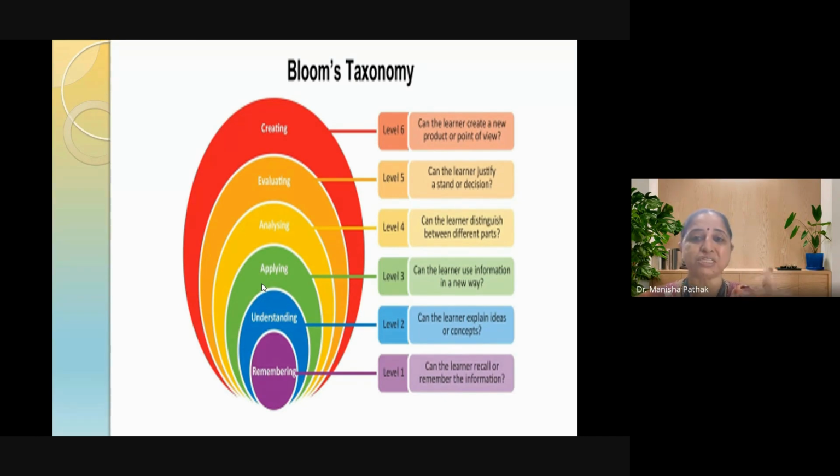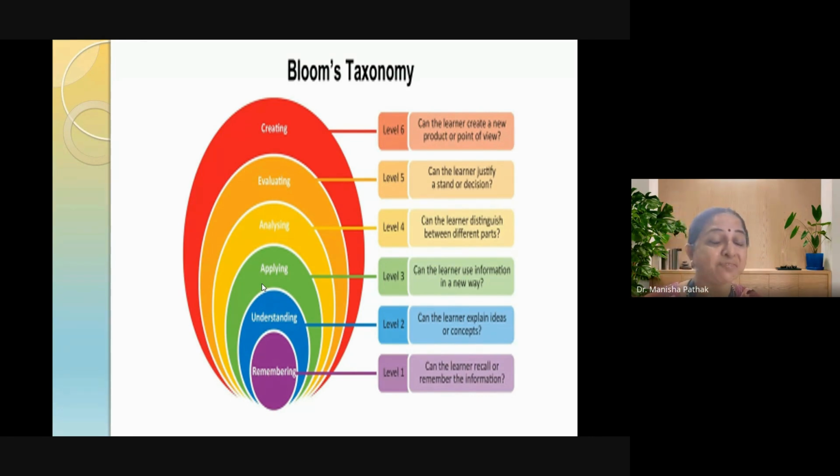If we look at these different terminologies, I am sure you all understand their meaning, but even then, remembering is when the learner can recall what is being taught. When the learner can explain what is being taught, they are at the understanding level. And when they can use this concept in a different place, that is applying, which is to use the information.